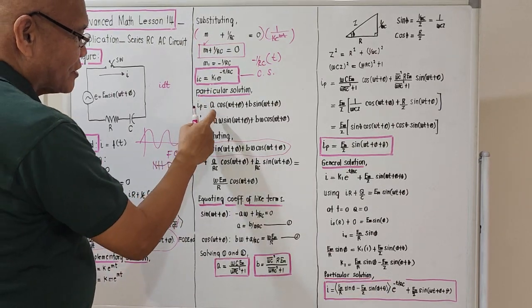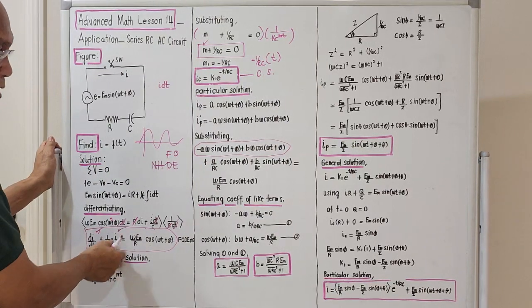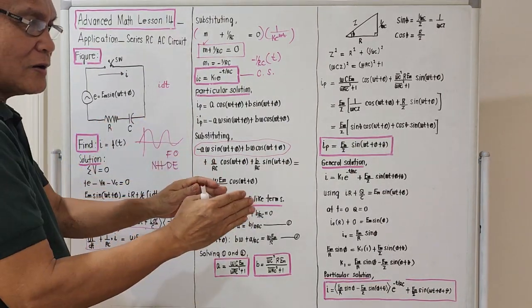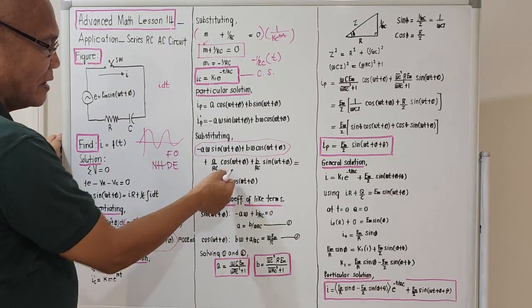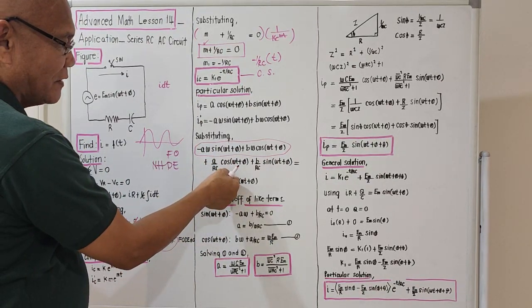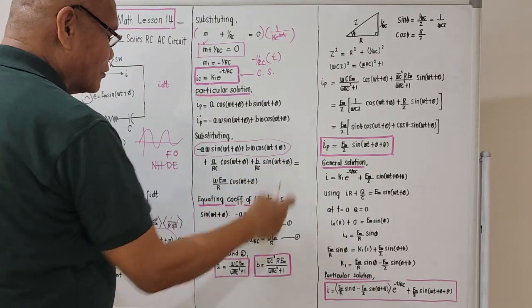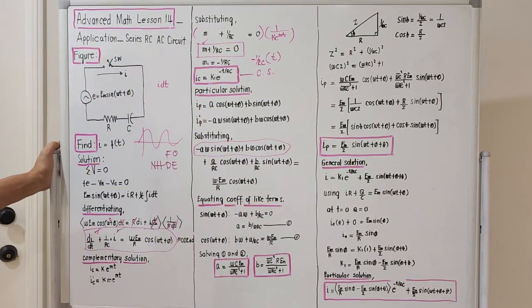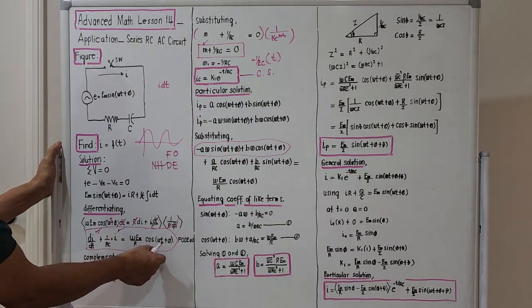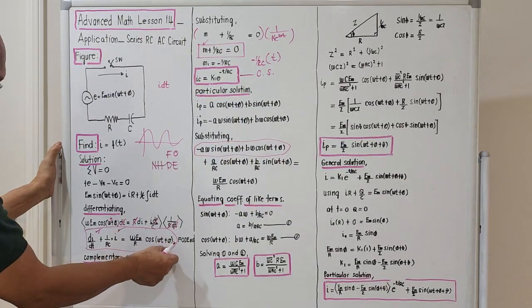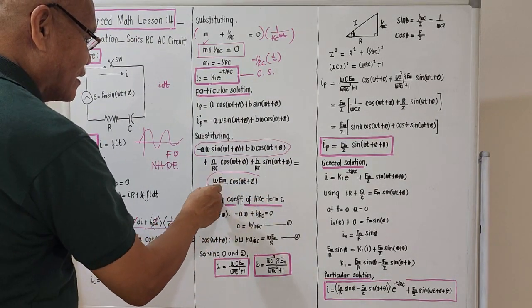The particular is A cosine plus B sine, but there is an RC over here, so I distributed 1 over RC immediately. What comes out will be A over RC cosine of omega t plus angle P plus B over RC sine of omega t plus angle P equal to the right hand side, which is omega E sub m over R cosine of omega t plus angle P. So this is the given right hand side.